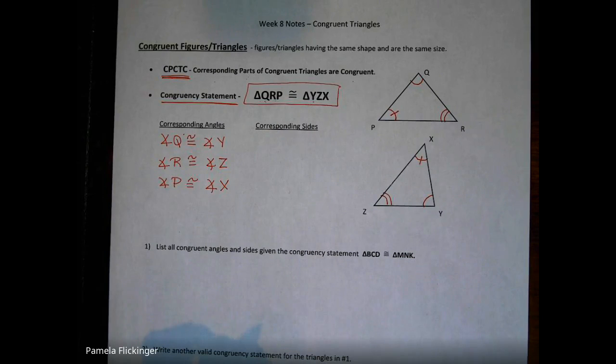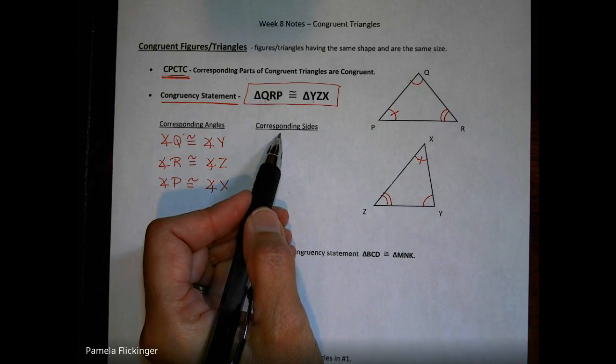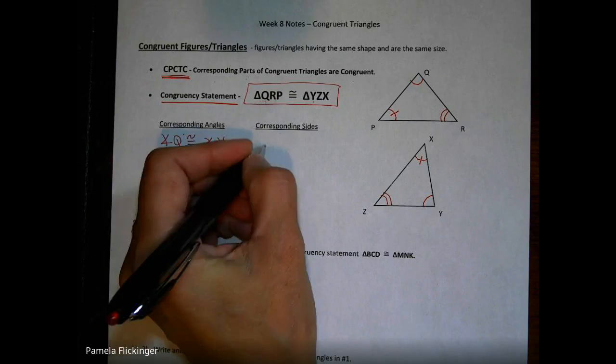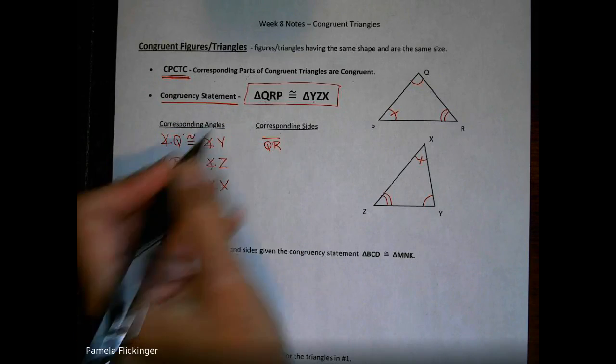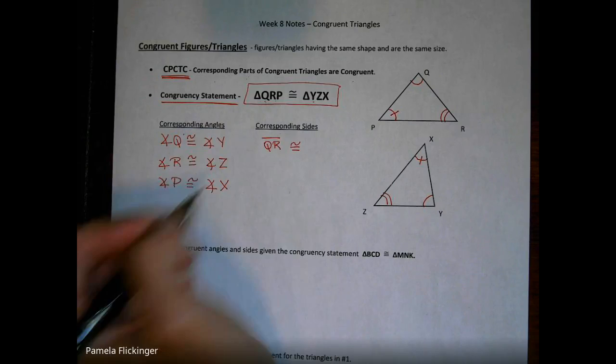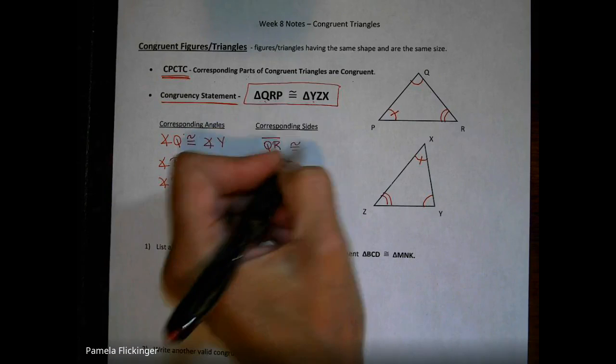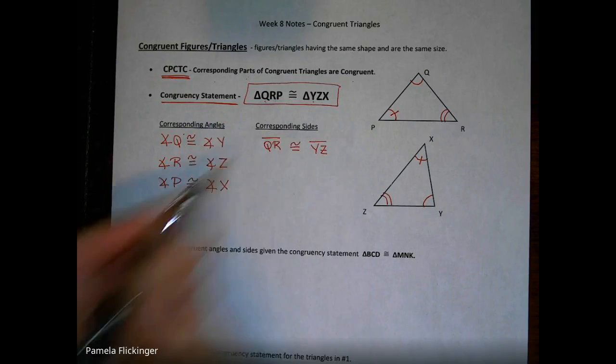angles are marked congruent. We also have congruent sides. So we're going to put 2 letters together. So side QR, and we want to put the bar because it's the name, right, is congruent, and then put YZ.